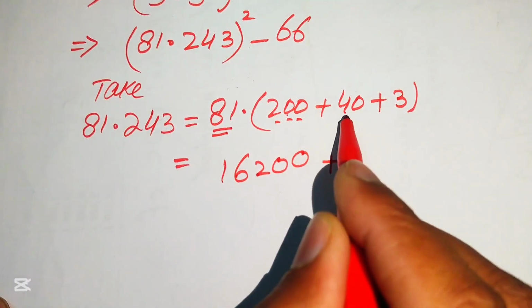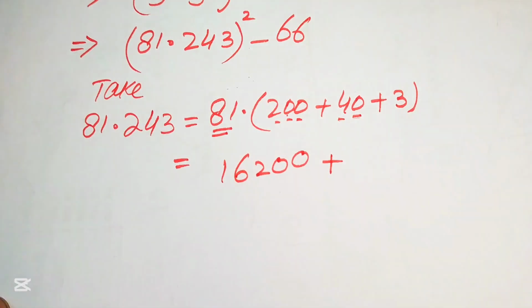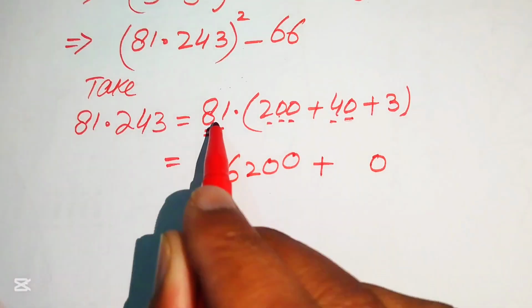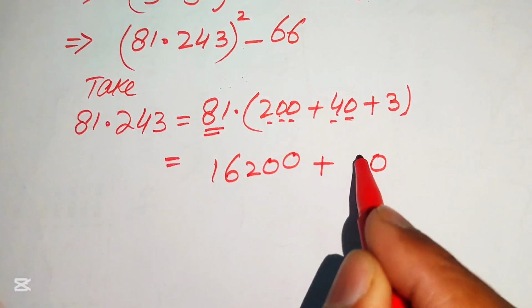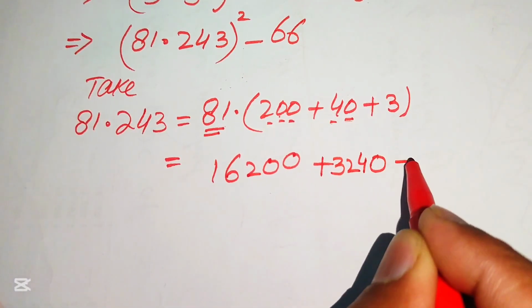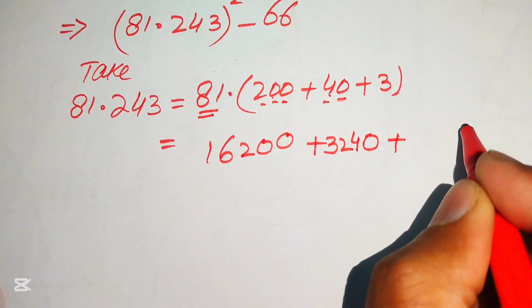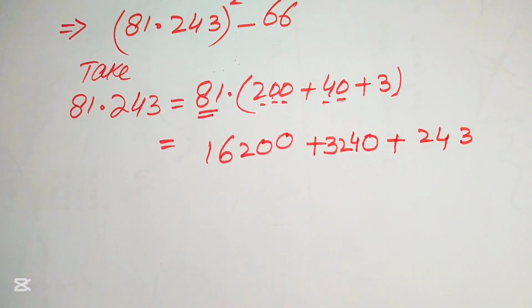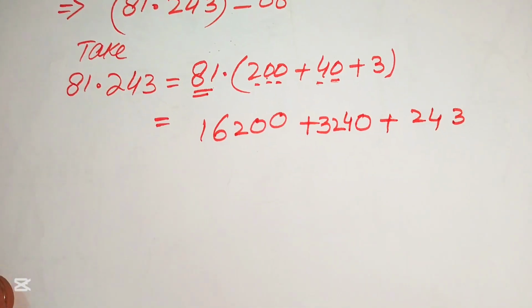Similarly, 0 times 81 is 0 and 4 times 81: 4 1s are 4 and 4 8s are 32. Plus we multiply 3 by 81: 3 1s are 3 and 3 8s are 24. So you get 243.